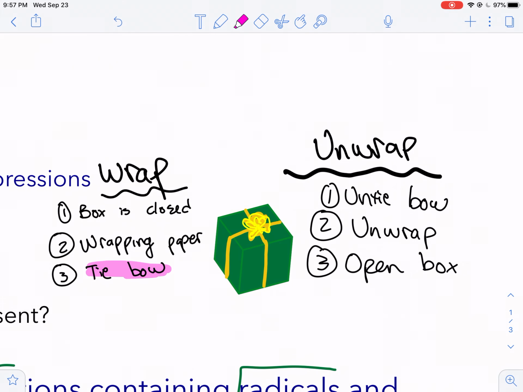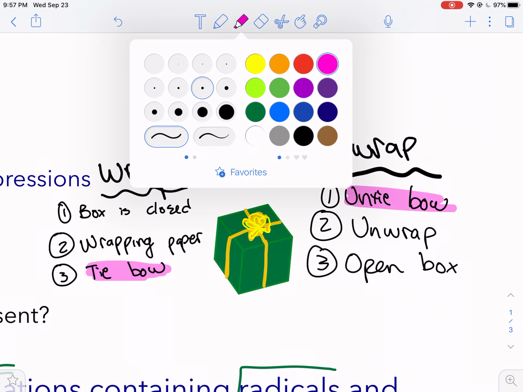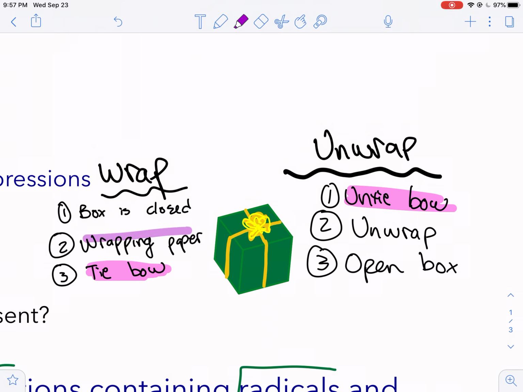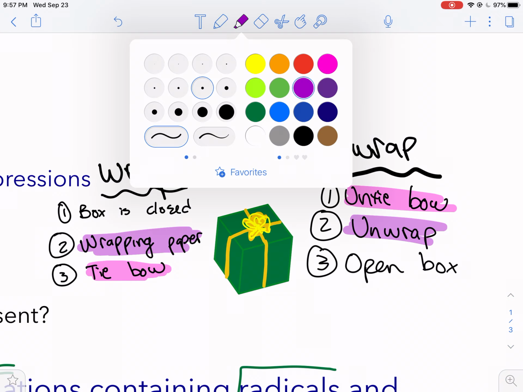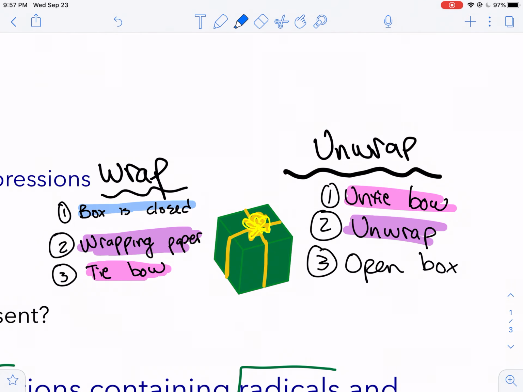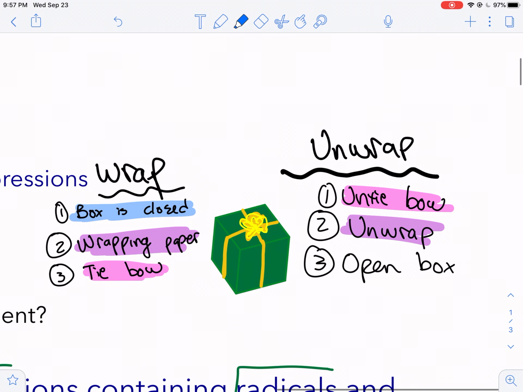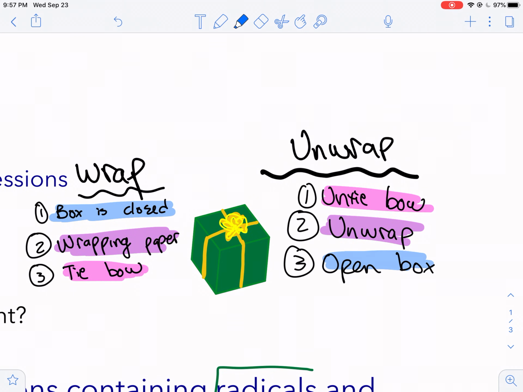We tie the bow as the last step, and we untie the bow as the first step. And then we put on the wrapping paper before that, but we unwrap second. And then finally, you make sure the box is closed as the first thing in wrapping, but it's the last thing you do to unwrap the present.